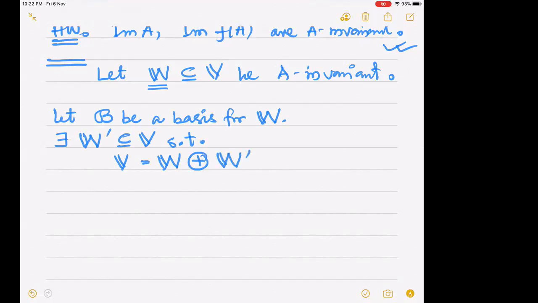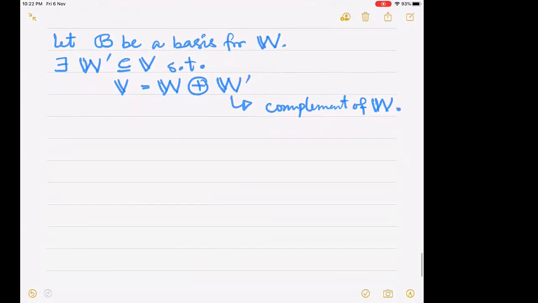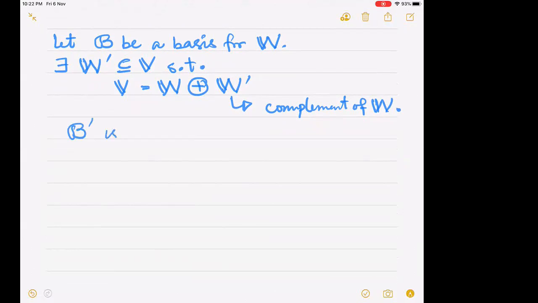This W prime is called the complement, not necessarily orthogonal because V need not be an inner product space, but it's some complementary subspace of W. And let's say B prime is a basis for W prime.